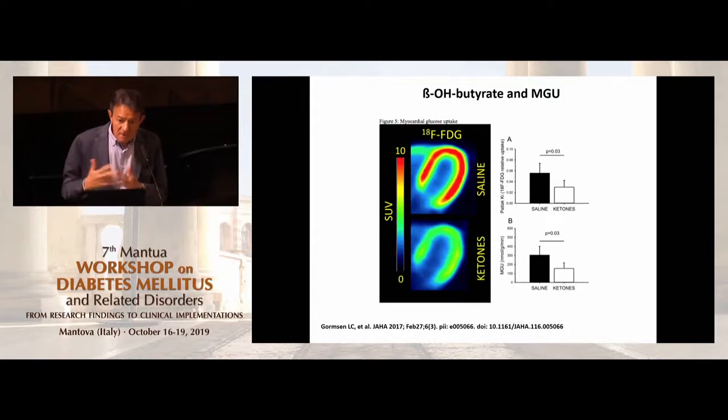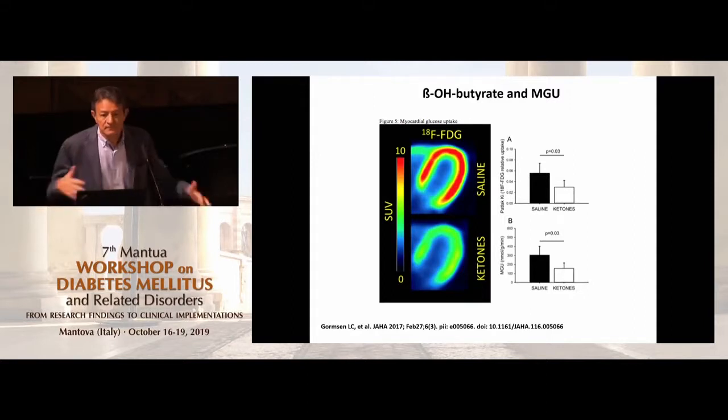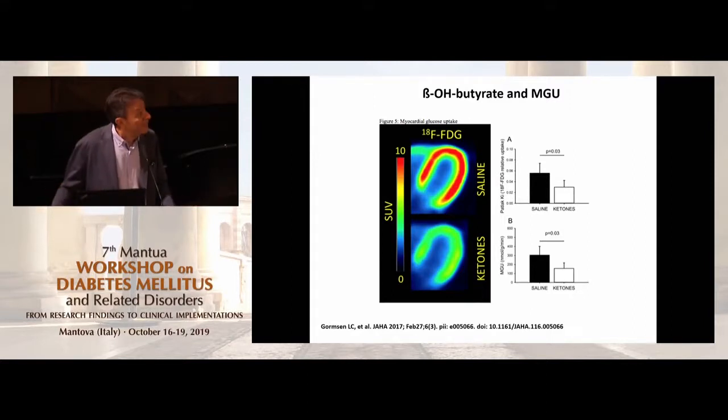Now, fluorodeoxyglucose is an analog of glucose. You can scan the fluorinated FDG, and what you see on top is the distribution of the glucose analog, and therefore of glucose, in a midsection of the heart of a normal subject. So you see the uniform uptake, that the red code stands for very intense uptake of glucose.